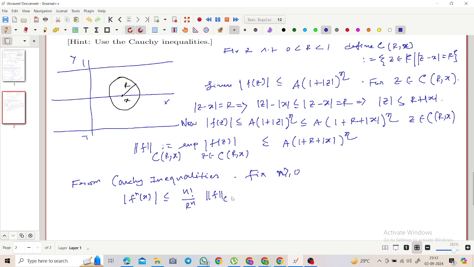I mean this thing. Right. This is Cauchy inequalities, and this we have shown to be bounded. Now this is less than or equal to this.